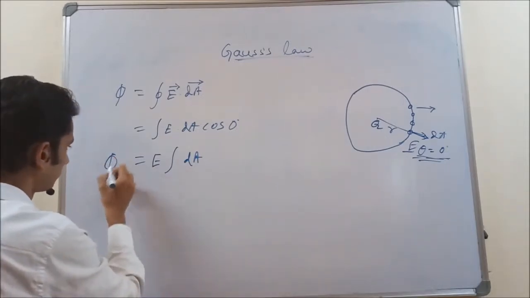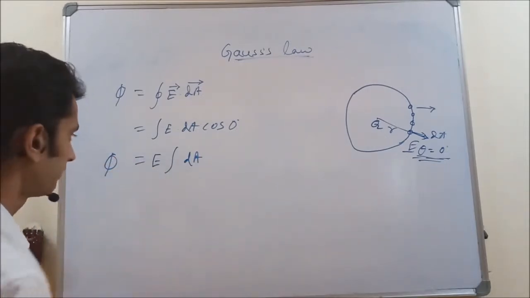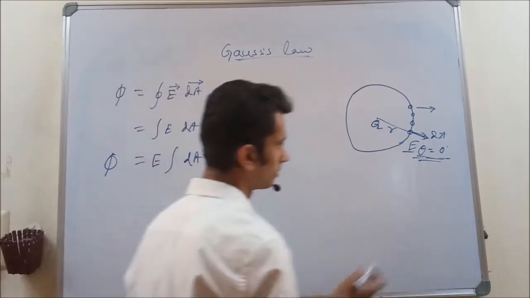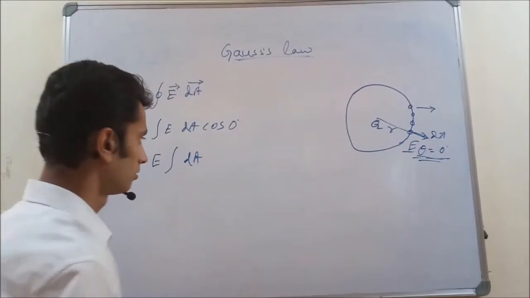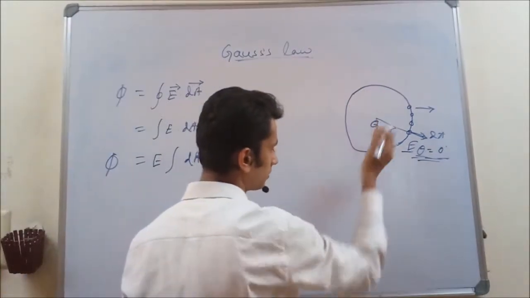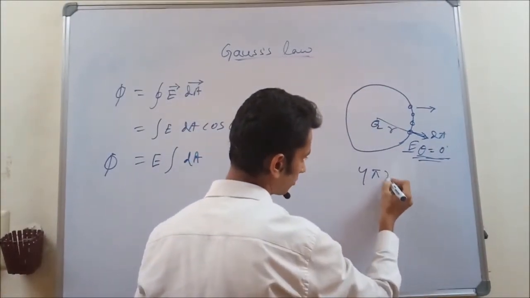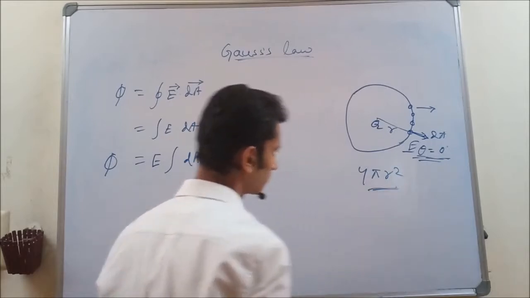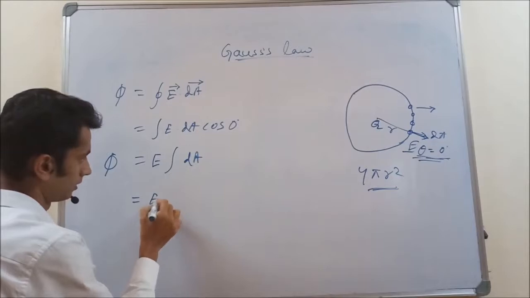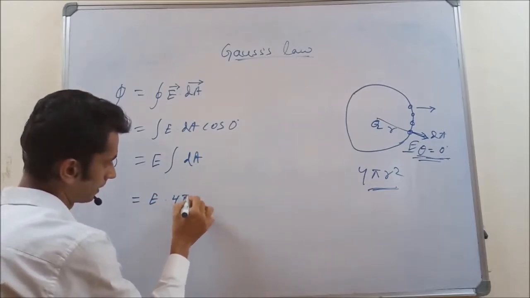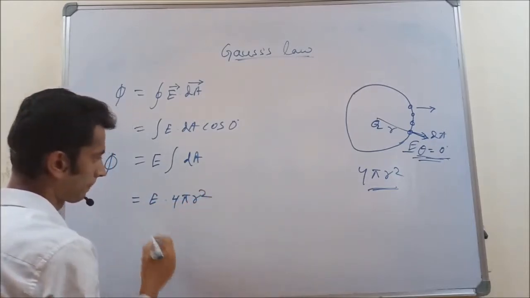So phi is equal to E integral of dA. What is the integral of dA? The total surface area of the sphere. The total surface area of the sphere is 4 pi r squared. So E into 4 pi r squared.